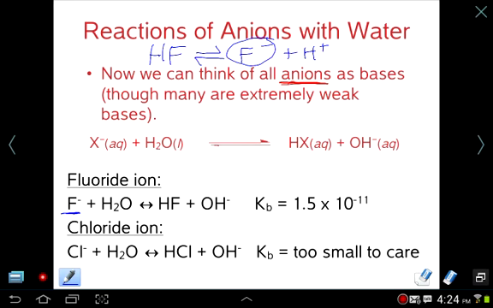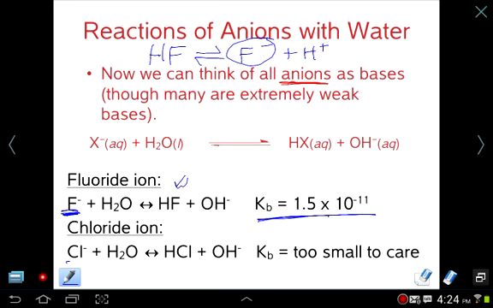So F minus can actually be a real base. Its Kb is pretty small, and that's because the Ka of HF is big by comparison. And so if the anion comes from a weak acid, it itself will have some basic properties.